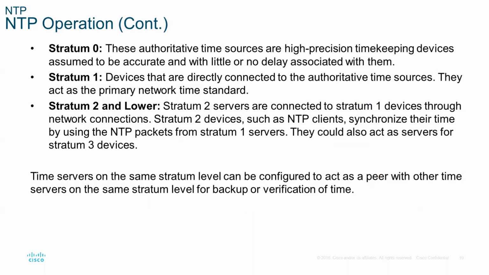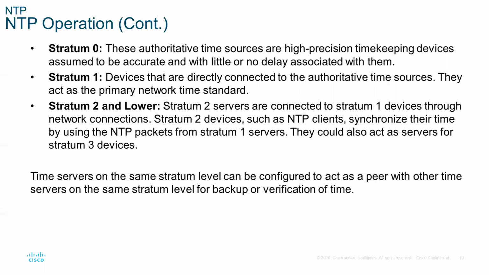Stratum 0 is the authoritative source, and it is a high precision timekeeping device. Then we have the devices that are directly connected to it, which are stratum 1. Then we step down through the various servers that are connected to that.